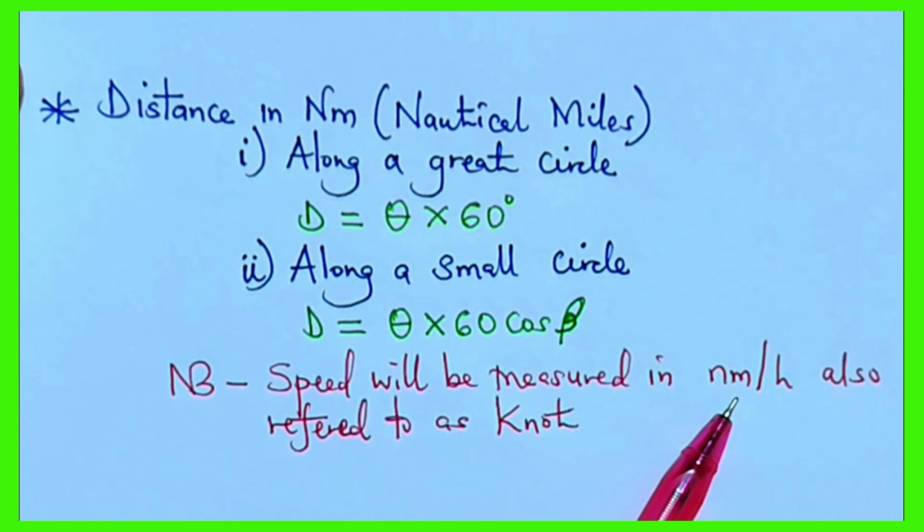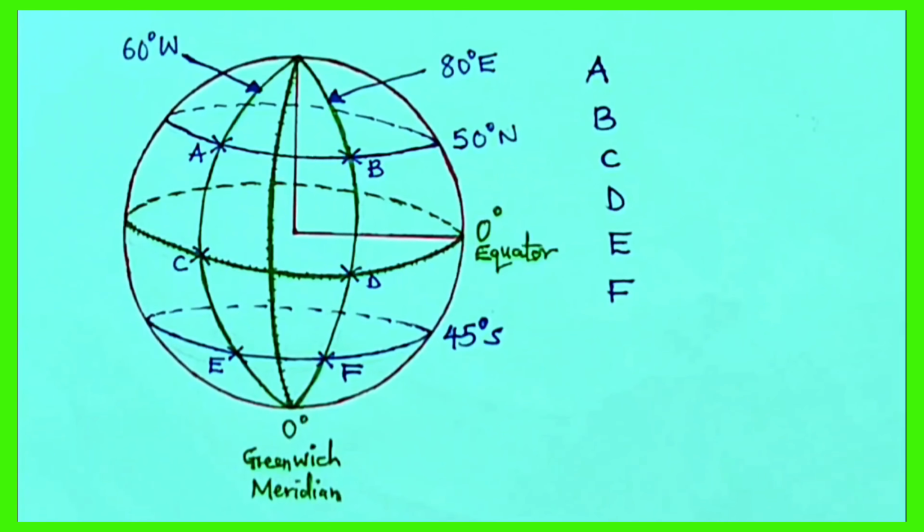Locating of points. So we consider locating points based on, first of all, considering the latitude on which the point lies, and then we consider the longitude. For instance, point A here lies on a latitude 50 degrees north, and then on a longitude 60 degrees west.